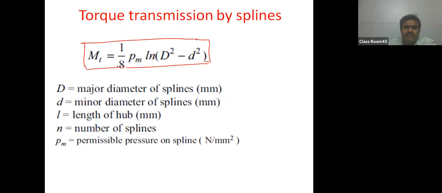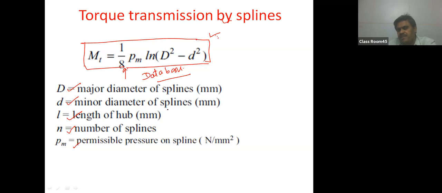And just memorize this formula, and it is also given in the data book. So if a numerical comes on the splines, then we will use this formula. So here again, d is major diameter, small d is minor diameter, L is the length of the hub, n is the number of splines, and Pm is the permissible pressure.